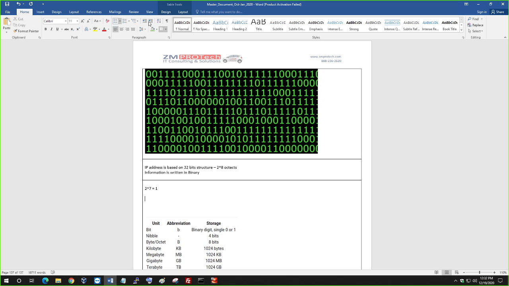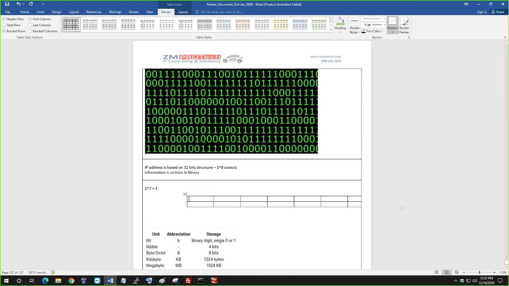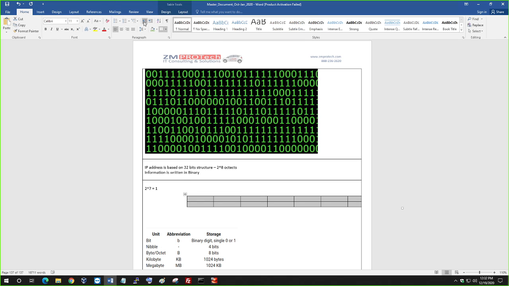What we have here is 8 octet means 5, 6, 7, 8. So we have 8 boxes here, right? 1, 2, 3, 4, 5, 6, 7, 8.